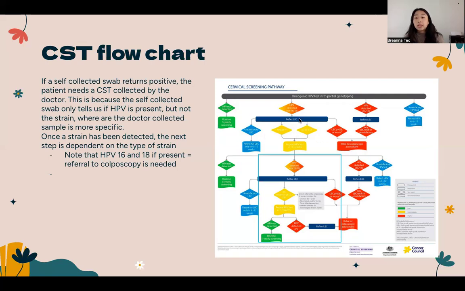So they take a sample at colposcopy, and then if it's HSIL or low grade or high grade, et cetera, that will determine what happens from there on and the future screening program. And eventually, if negative for a period of time, they go back into the 5-yearly community screening.